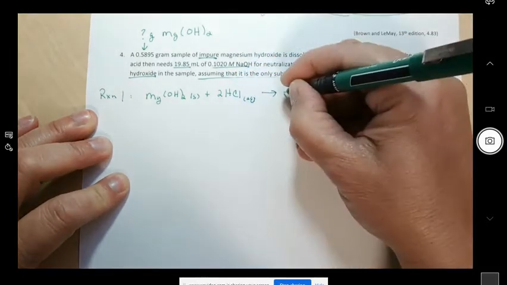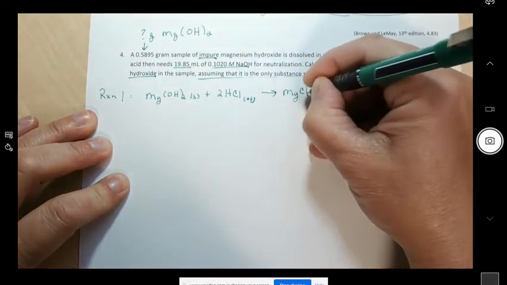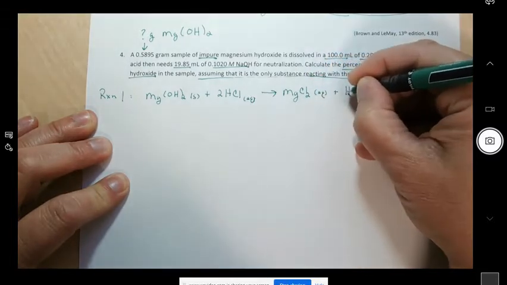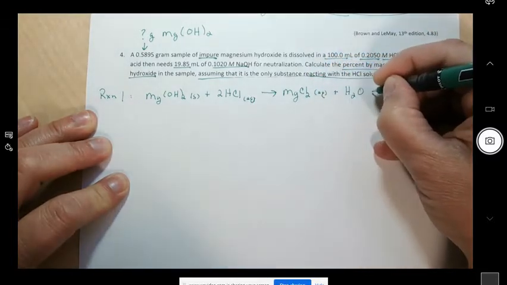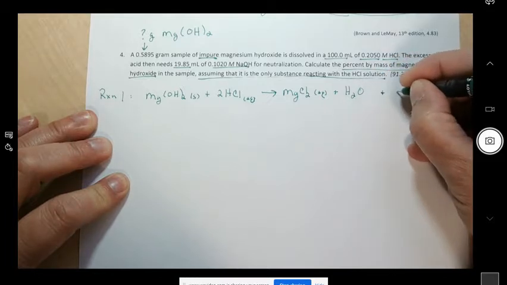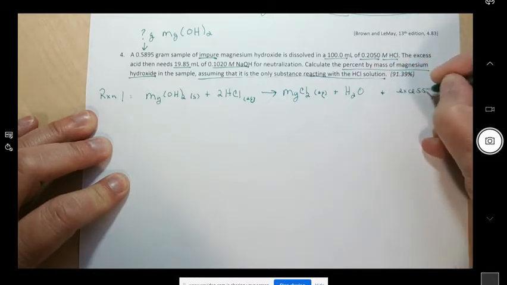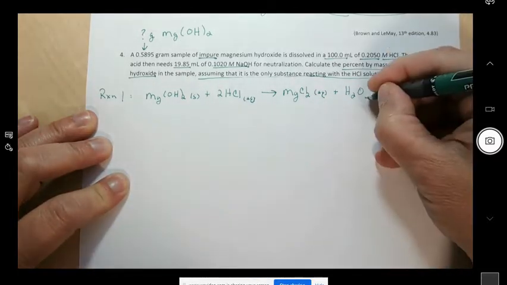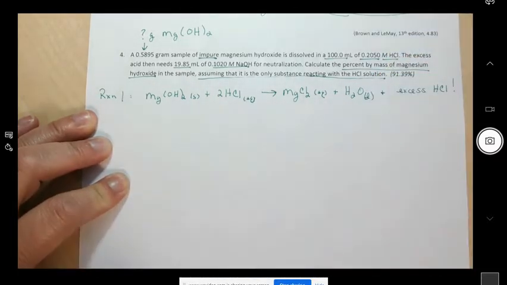And we're producing magnesium chloride from this, MgCl2, and some water. But we also have excess HCl, and that's really important in that first reaction. I think I've got everything balanced out. We'll put an L there, so I think we're good there.